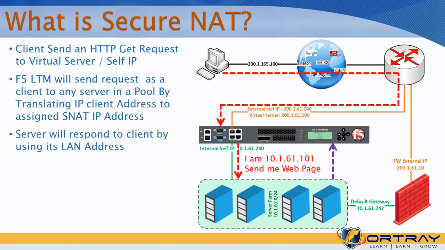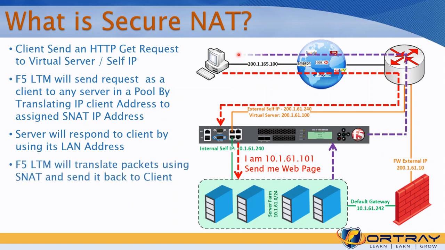This is the pool we will be configuring for SNAT, right? Then the response will go to the F5 and not the default gateway. And the F5 will respond back to the client. F5 LTM will translate the packet using the SNAT and send it back to the client. The client will receive the website successfully. Clear? So that is the behavior.